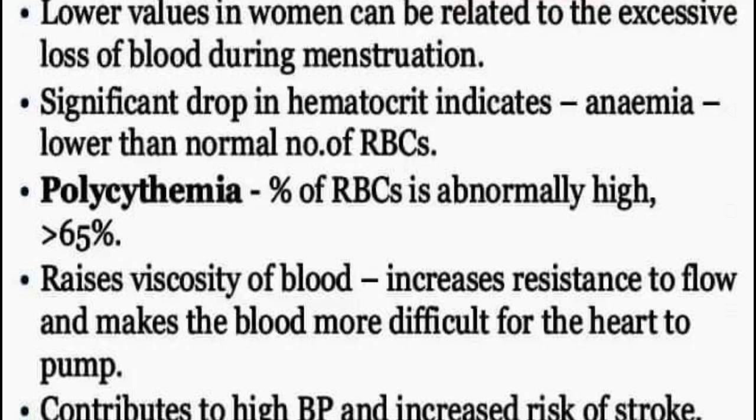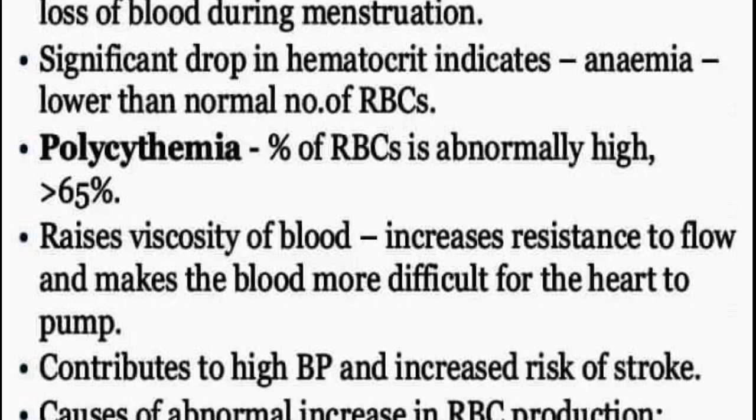Significant drop in hematocrit indicates anemia, lower than normal number of red blood cells. Polycythemia: percentage of red blood cells is abnormally high, greater than 65%. Raises viscosity of blood, increases resistance to flow, and makes the blood more difficult for the heart to pump.